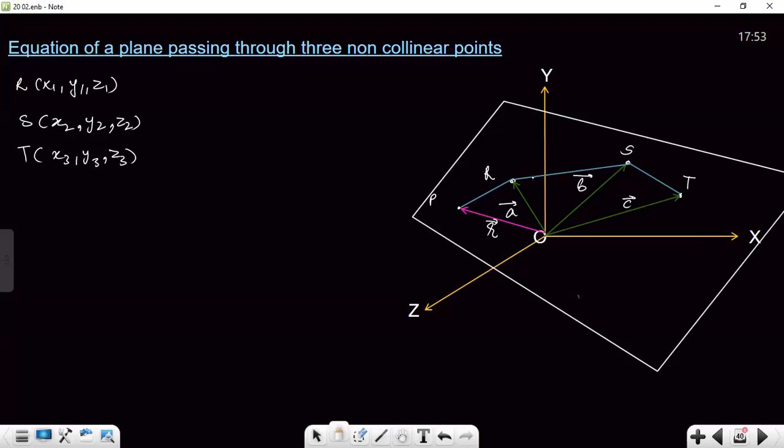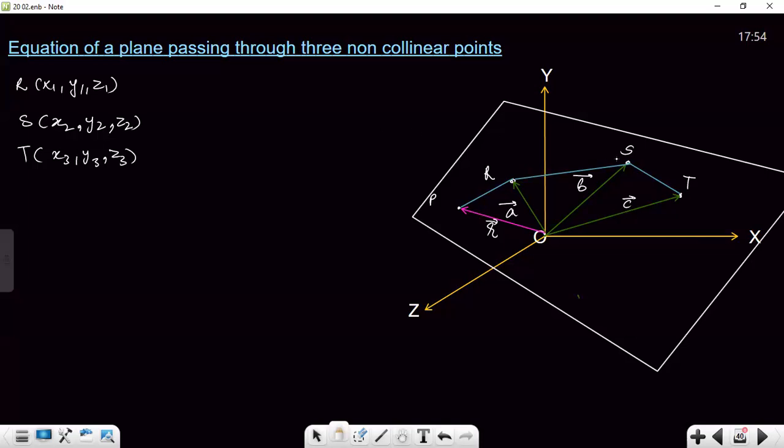Now one thing to understand here: R, A, B, C are vectors not lying on the plane. These are vectors coming from the origin. Is my voice audible? Hello, yes, hello sir. Okay. So R, A, B, C are the position vectors coming from the origin to the plane.